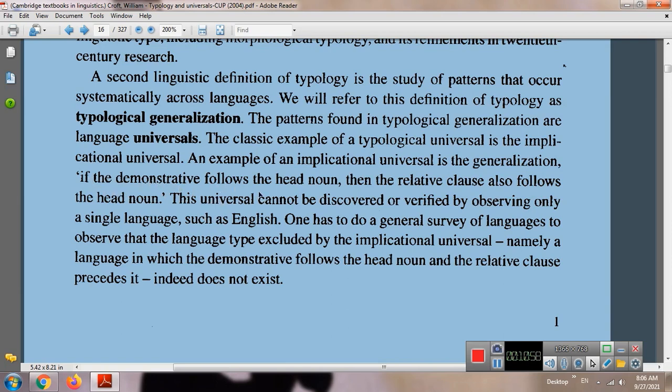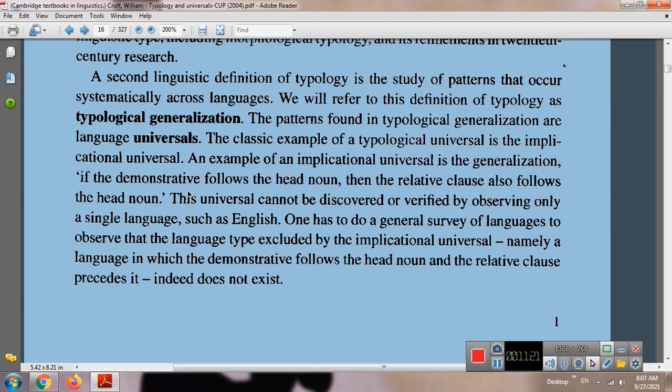If the demonstrative follows the head noun, it means that in the languages which have the demonstrative following the head noun, then certainly the relative clause also follows the head noun.